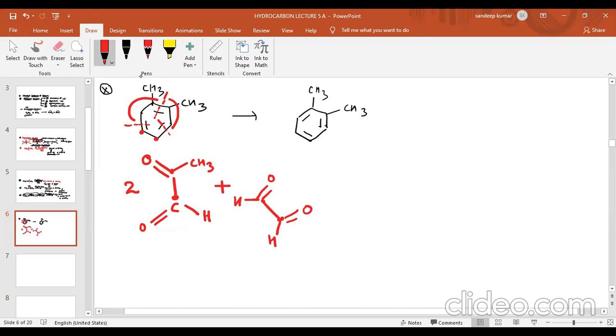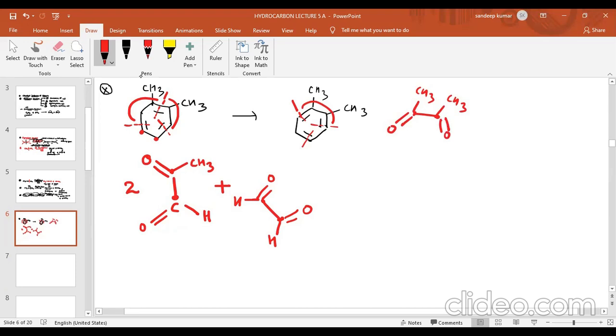Now see also, the ozonolysis of this other structure is also possible. Break all the pi bonds. First take this portion. So this portion will be like this. 2 CH3 groups are on each carbon atom. Also when the pi bond breaks in ozonolysis, this is double bond oxygen and this is also double bond oxygen. So one of the products obtained is this one.